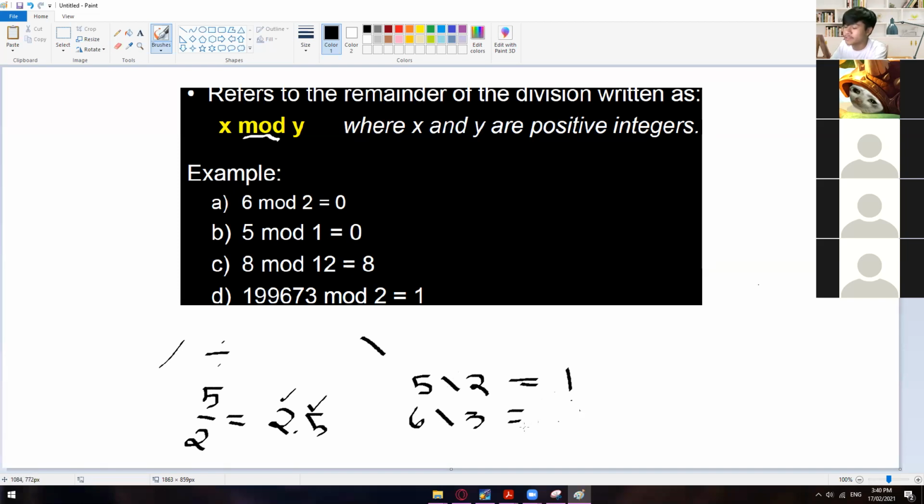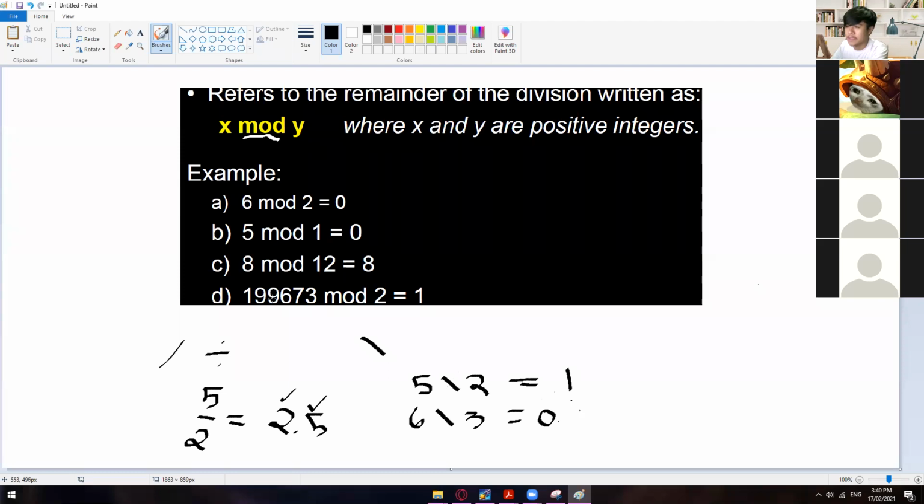As you guys can see, this one doesn't have a remainder, so it will give you a result of 0. The same with letter B, 5 mod 1 is also equal to 0. And for letter C, 8 mod 12, if the numerator is not divisible by the denominator, just copy the numerator. This will be your remainder, and that will be your answer for this expression.